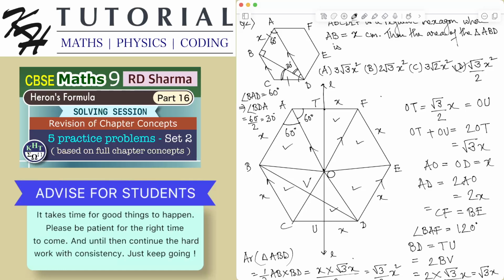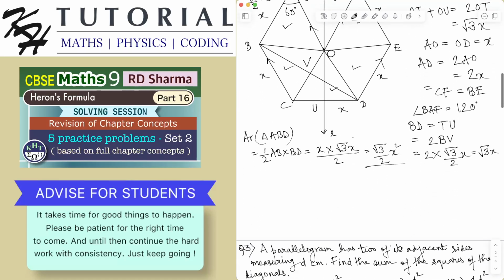Basically T, O, U are collinear. O is the center of the regular hexagon. The length of TU will be equal to twice the length of the altitude of one equilateral triangle. There are 6 equilateral triangles formed in this regular hexagon by all the sides with the center O. So all these concepts you must note and remember.